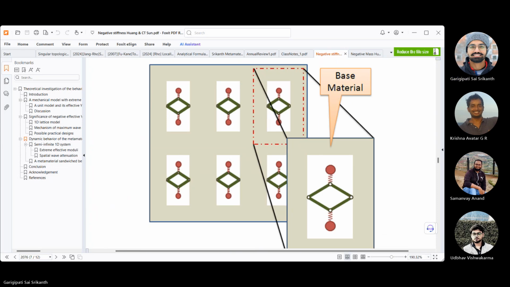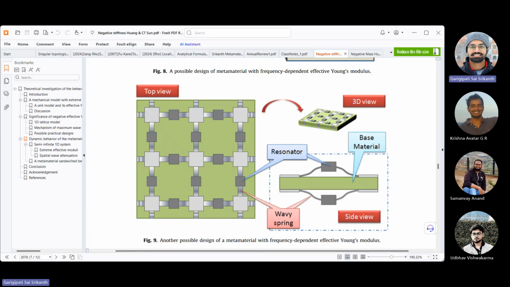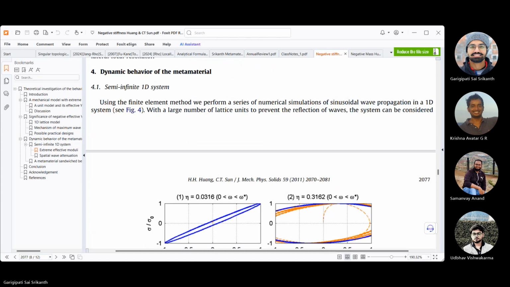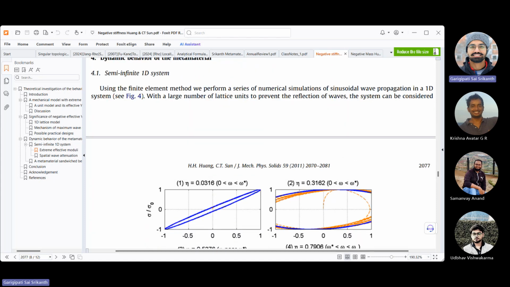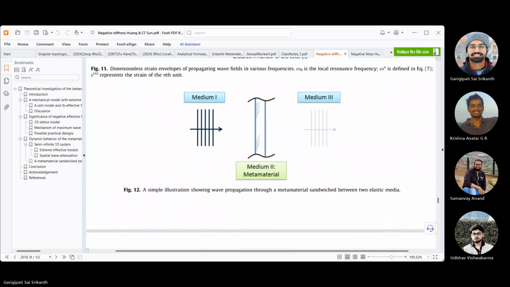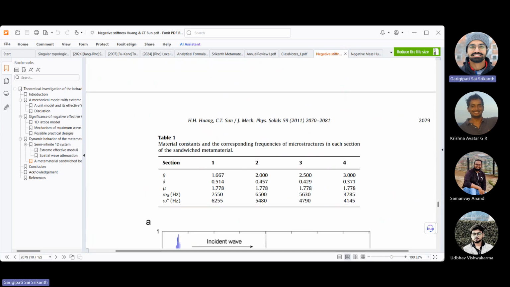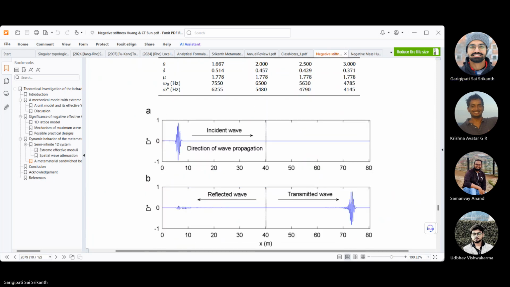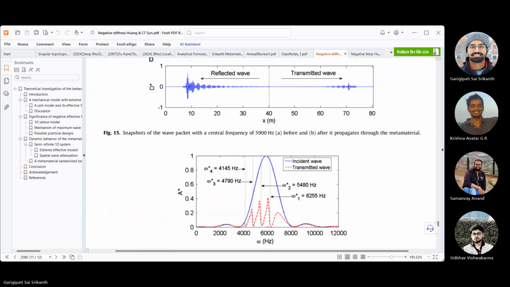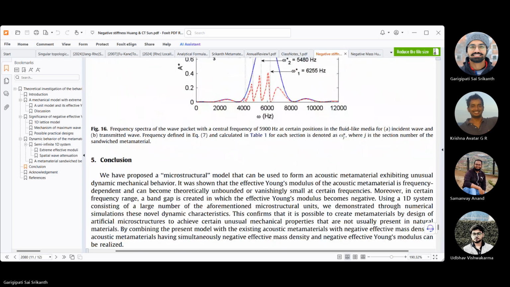This is just an idea; they've not gone much into implementing it. However, let's get back into our paper, our work.